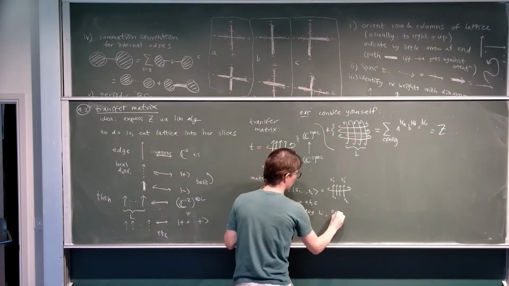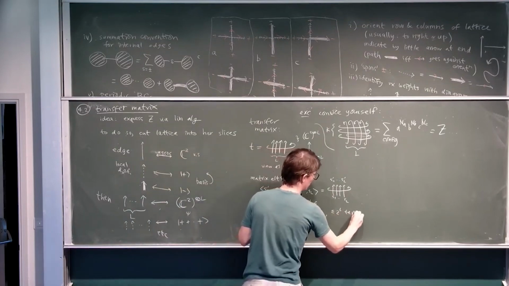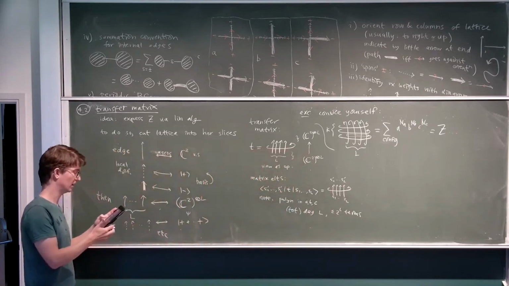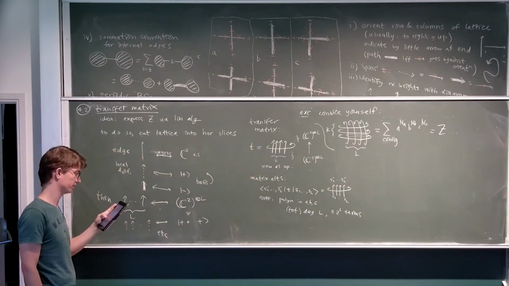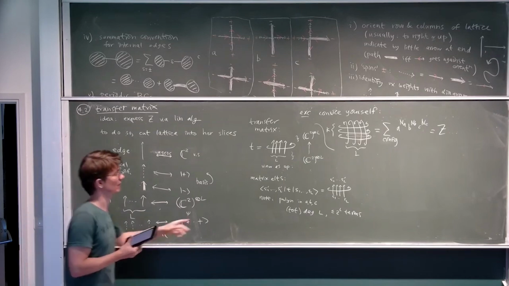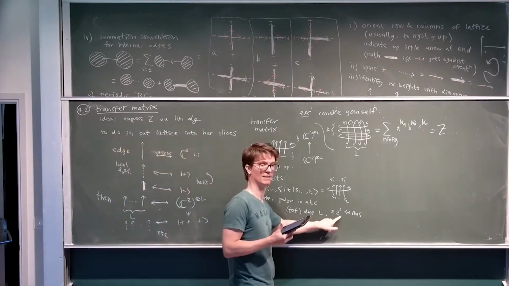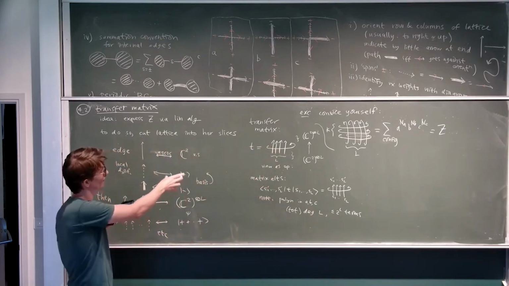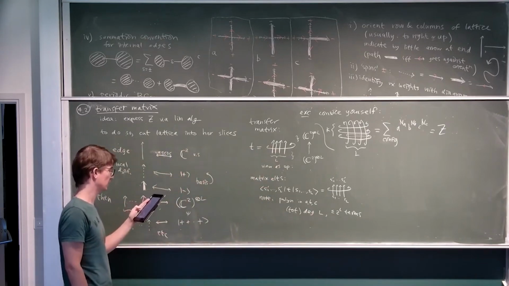And there are going to be at most 2 to the L terms, because I sum over all these L internal horizontal edges. As we will see, luckily, it is actually much less than this 2 to the L, so it will not be so bad. But before we get there, let's see why this transfer matrix is useful.